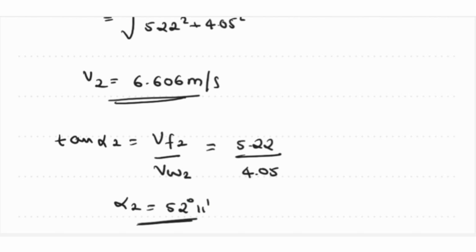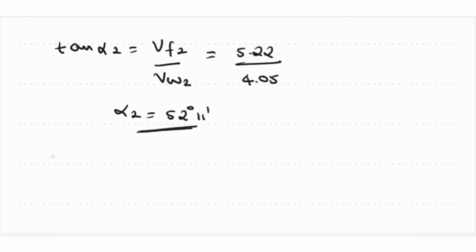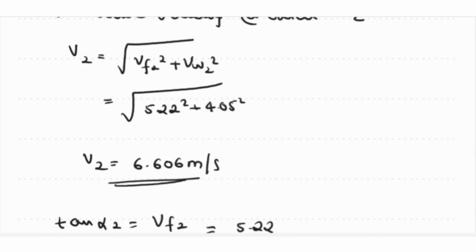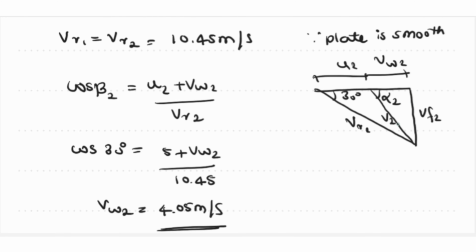So this is what we have calculated: the magnitude and direction of absolute velocity at outlet. Now we have to calculate the second question, that is work done. We have to calculate work done per unit weight of water. So that is equal to rho into A into VR1 into VW1 plus VW2 into U divided by rho into A into VR1 into G. Here it is plus, because you can see the V2 is towards the left side of VF2.